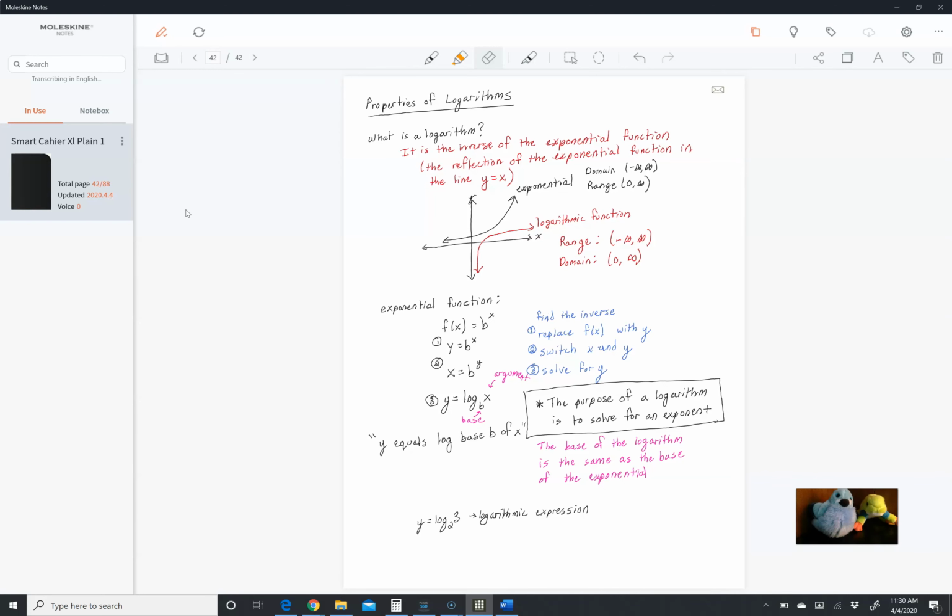So exponentially, the 2 is the base, the y is the exponent, and our answer is the argument, okay? So these two expressions are the same. It's just a different way of writing it. In one, you've solved for the exponent. In the other, you've solved for the argument.